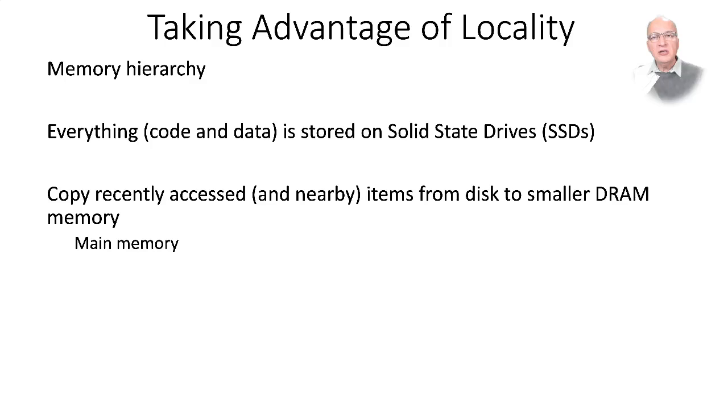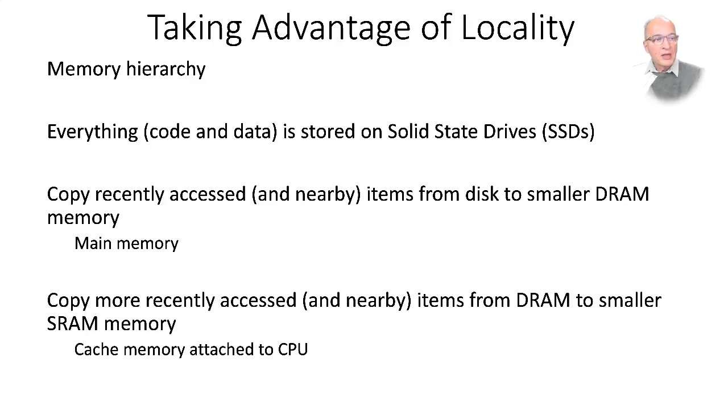Then I will copy recently accessed items from the drives into a smaller DRAM memory that I call main memory. So I copy from these drives that have high capacity, low energy, and low cost into the DRAM, which is my main memory.